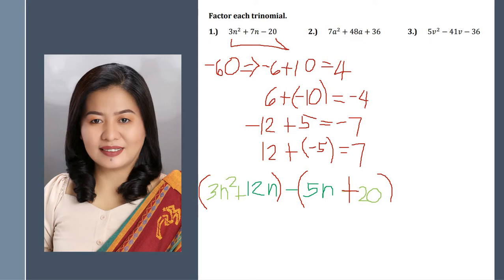Okay, so we are going to find the common factor of the first two terms. That will be 3n. 3n squared divided by 3n is n, plus 12n divided by 3n is 4. So that's n plus 4.